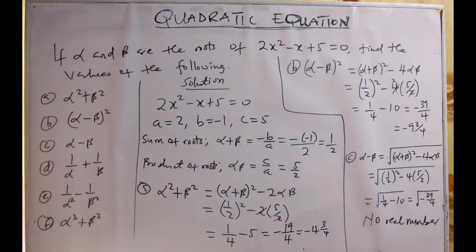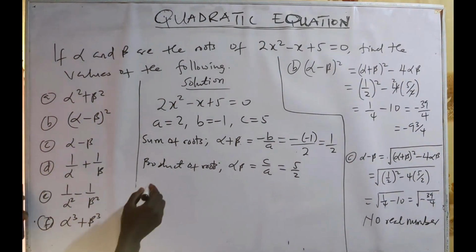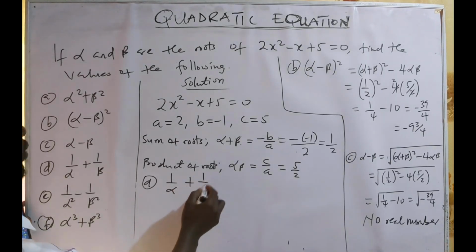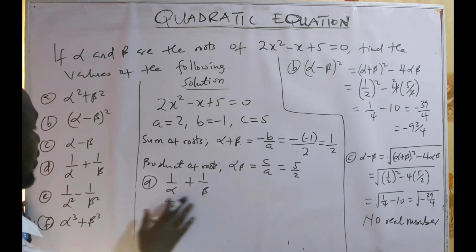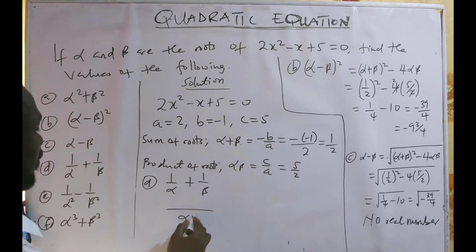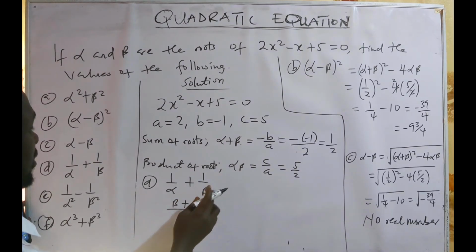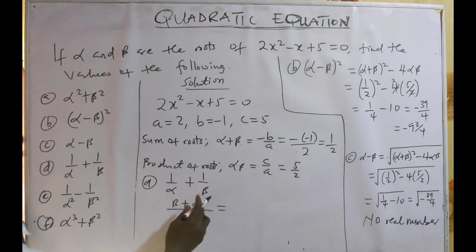All right, so D, you have 1 over alpha plus 1 over beta, so that will give me alpha beta, then I have here beta plus alpha. So what is alpha plus beta, or beta plus alpha?